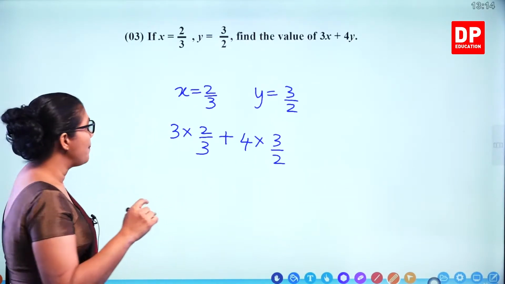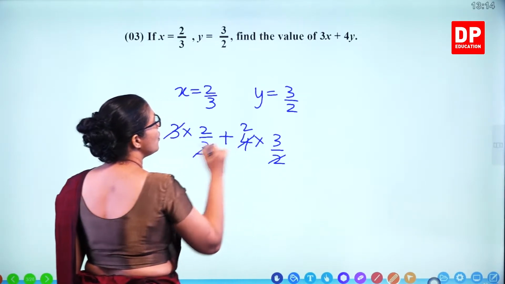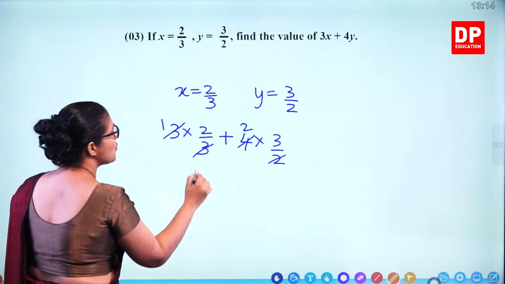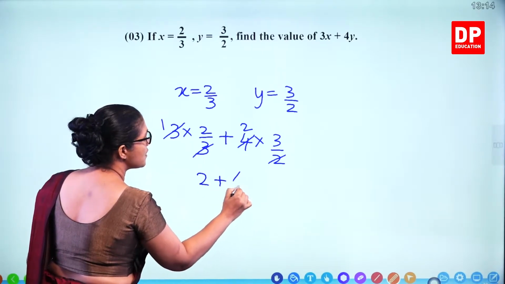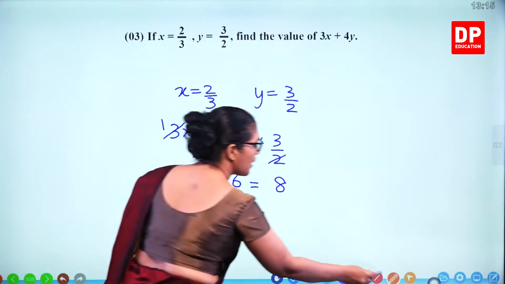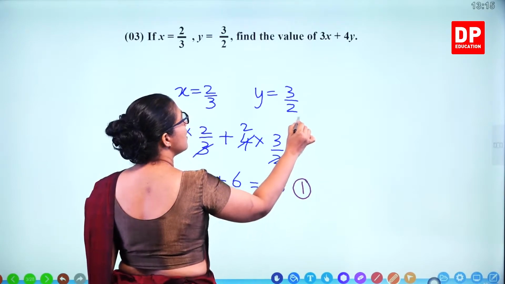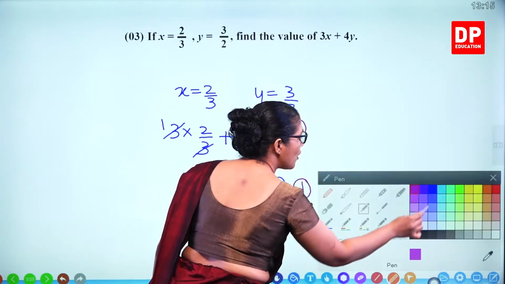Now simplify. 3 and 3 get cancelled out. 2 and this 4, you get 2. So 1 times 2, 2. 2 times 3, 6. 6 plus 2, 8. 8 is the answer. So 2 marks again, 1 mark for the answer and 1 mark for the method.